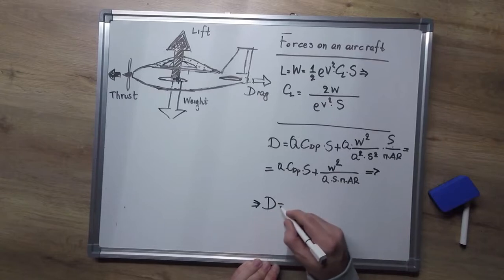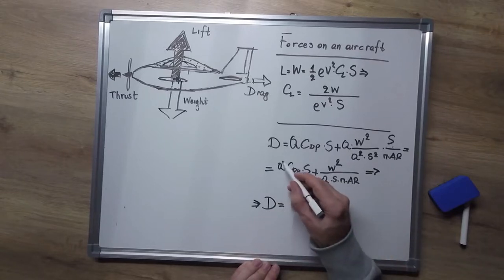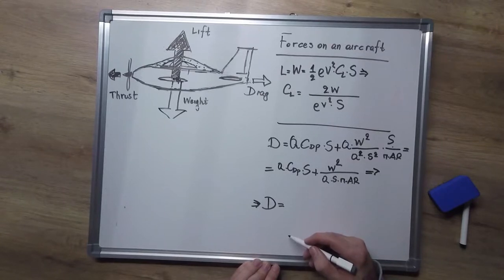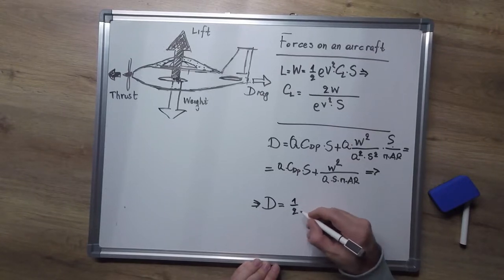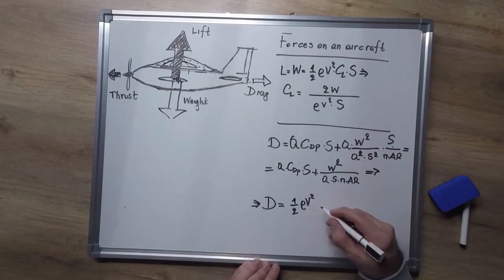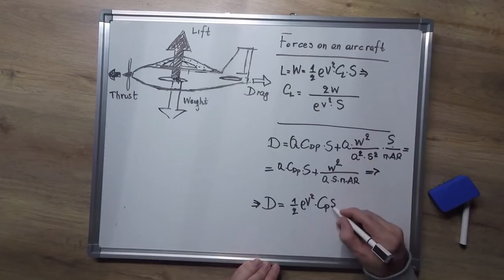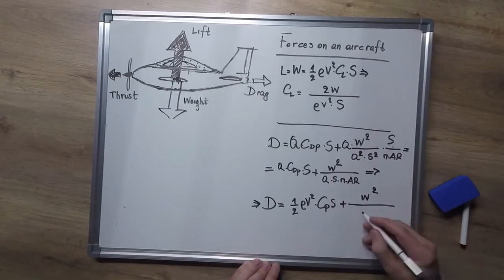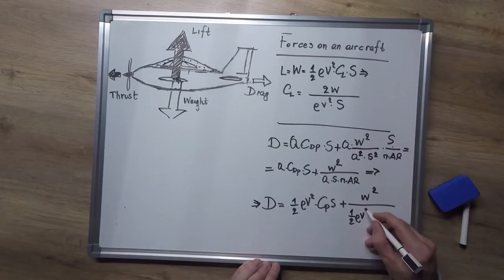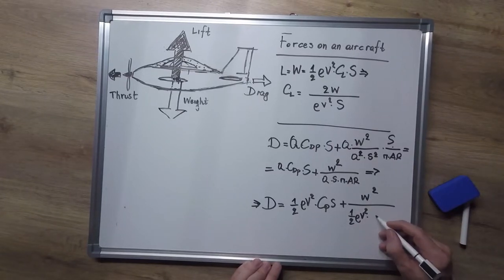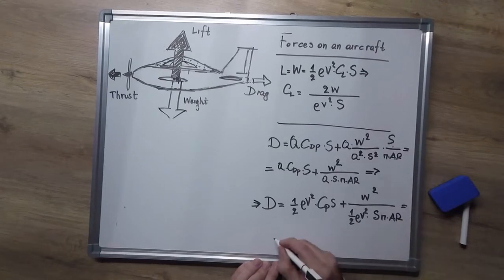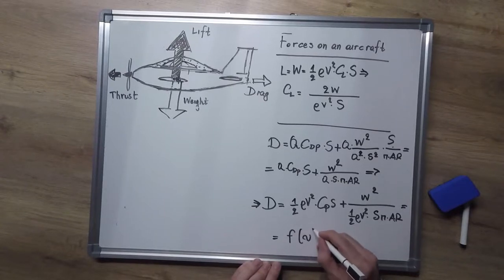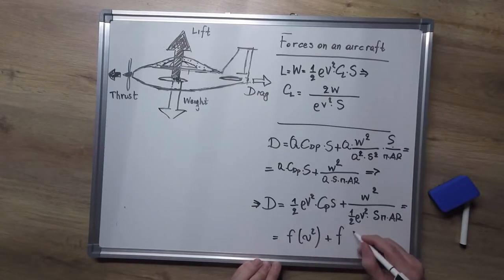This means that the drag is proportional to the dynamic pressure, to the squared velocity, plus a term inversely proportional to the true airspeed of the airplane, which means that it is a function of squared velocity and also a function of inverse squared velocity.